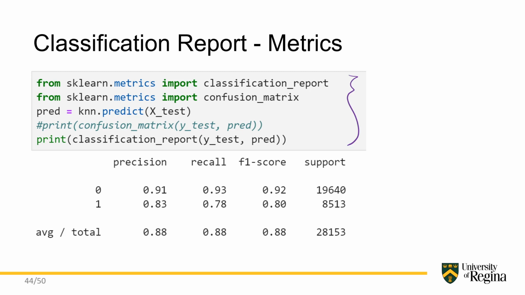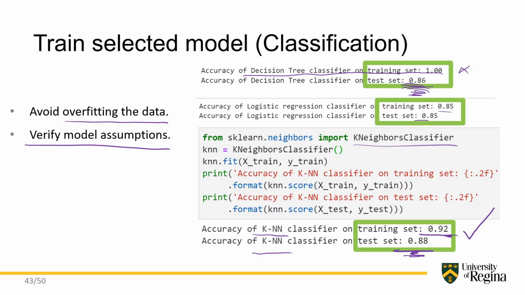This part is just me importing some libraries, but here, after I train my KNN, let me show you what's happening. I've got a k-nearest neighbor classifier. I just create an instance of it and I call fit.